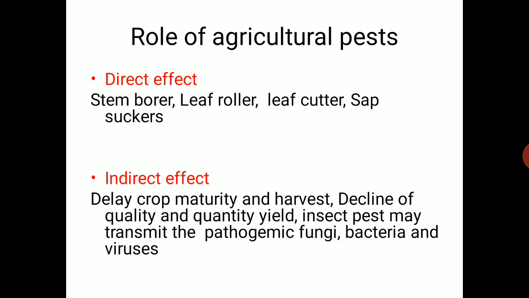Now, some pests attack directly the buds at the growing point, and they prevent the formation of branches, as well as affect the growth of the stem. In other cases, the pest causes immature fruit fall. For example, when the mango fruit fly attacks the mango plant, the immature fruits fall.